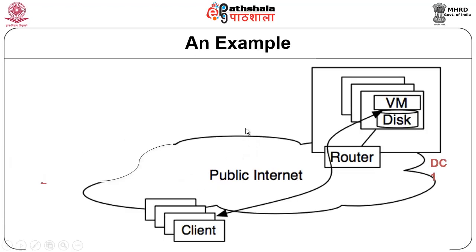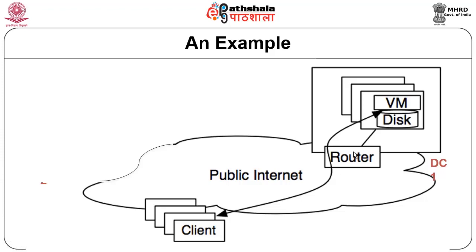So, here is an example where we see a client, and over the internet the client is accessing a specific virtual machine or data center, and it is communicating with the data center.